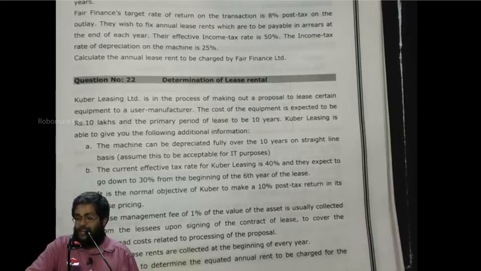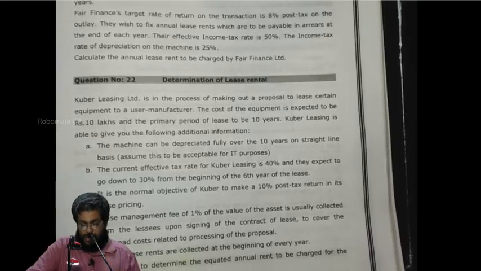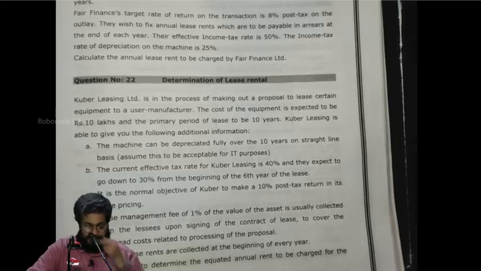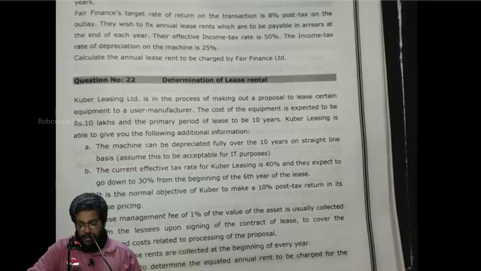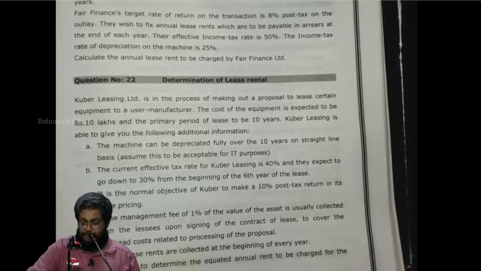The machine can be depreciated fully over 10 years on a straight line basis. Assume this to be acceptable for tax purposes. The current effective tax rate for Kuber is 40%. They expect it to go down to 30% from the beginning of the 6th year of lease. It is the normal objective of Kuber to make a 10% post-tax return on its lease pricing.